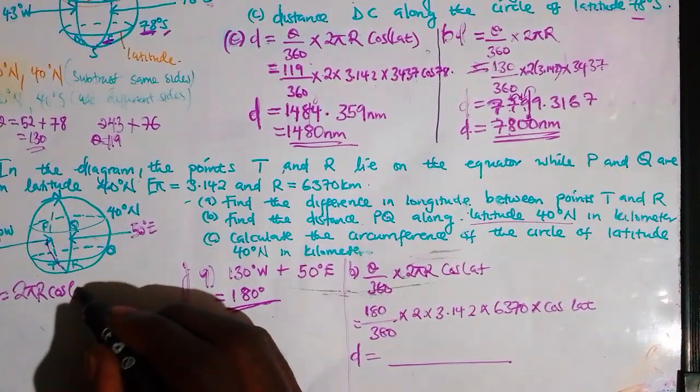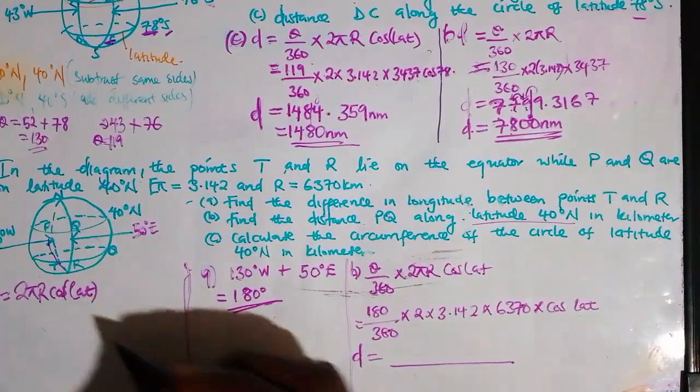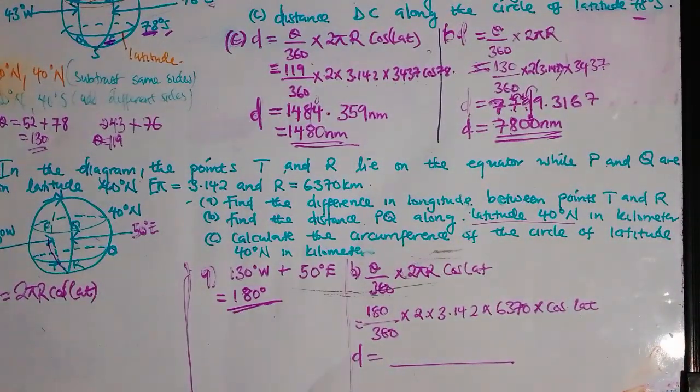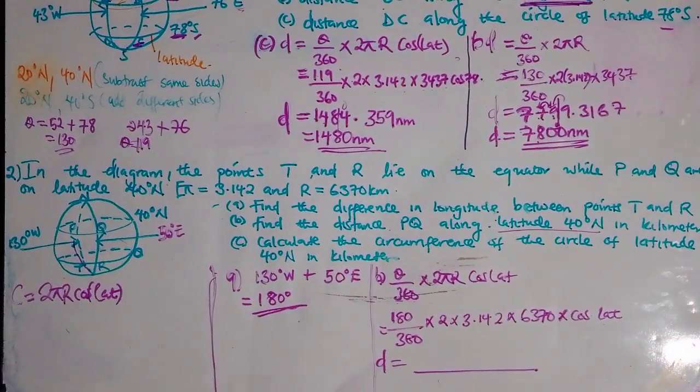As long as there is latitude involved, you have to also include it in your formula. That's the thing which you need to understand. Earth geometry is simple. Once you know how to find the difference, once you know the formula for distance, you can solve any question which can come on Earth geometry. All you just need is to identify.